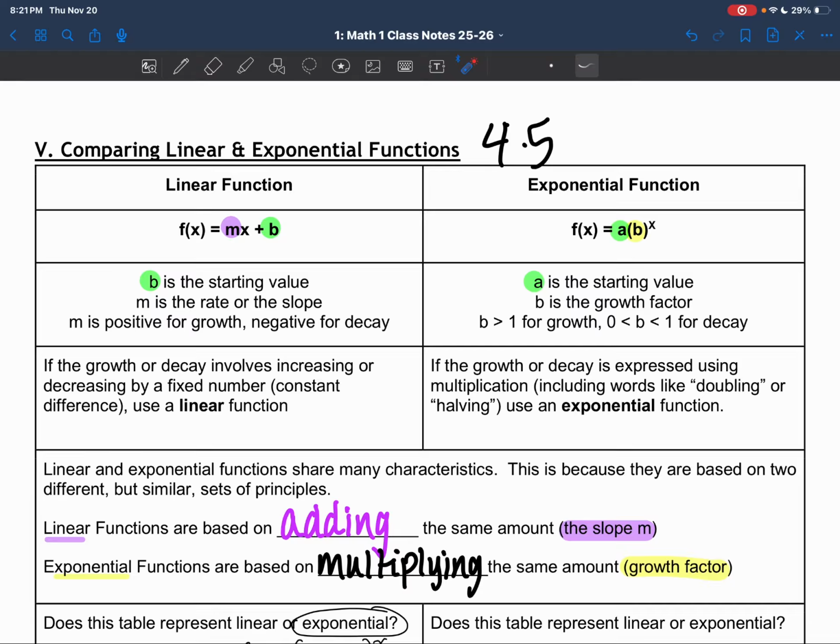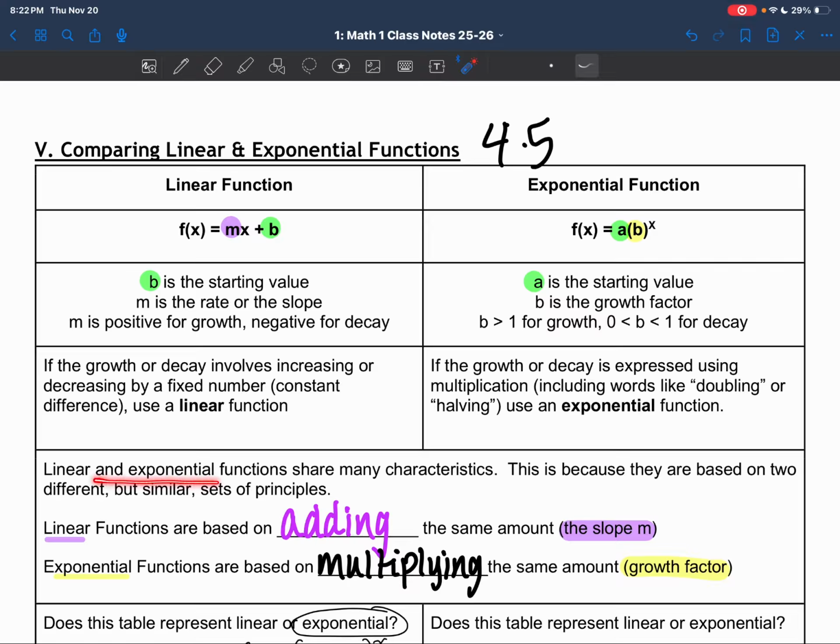If b is greater than 1, it's going to grow, and if it's between 0 and 1, it's going to decay. And if the growth or decay is expressed using multiplication, like doubling, halving, we use an exponential function. So go ahead, make sure you write this part down.